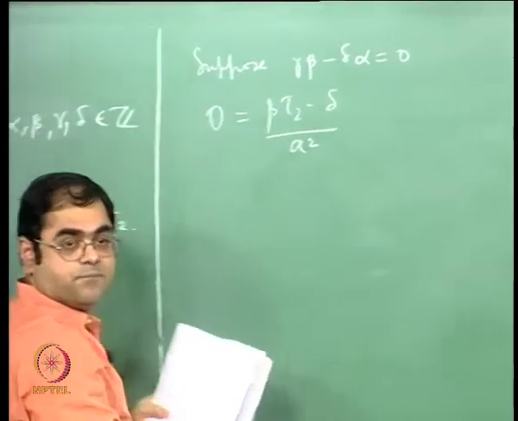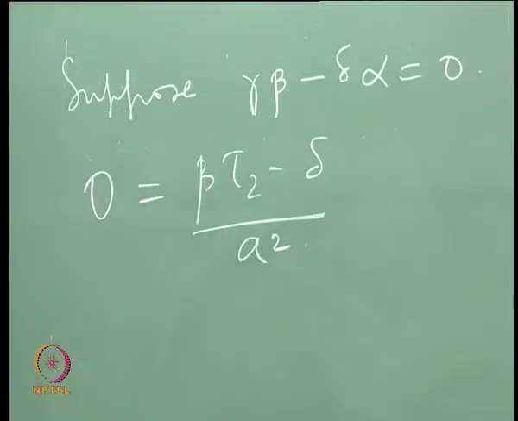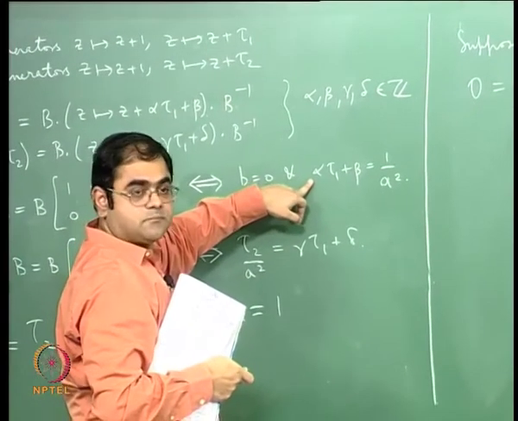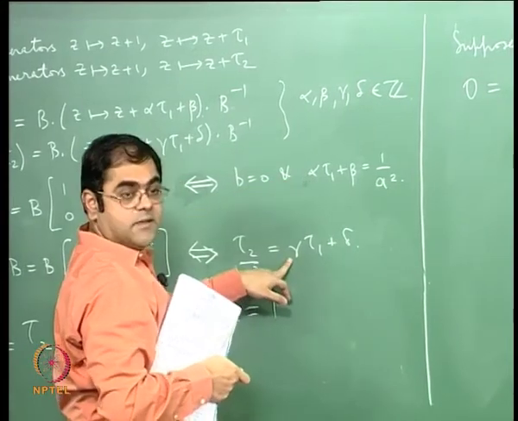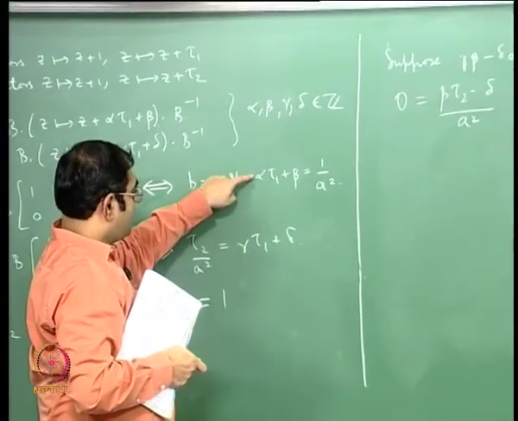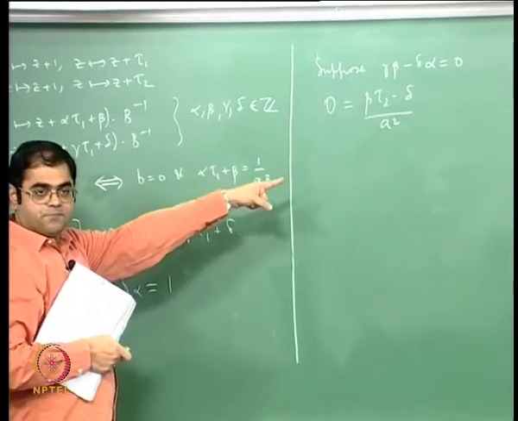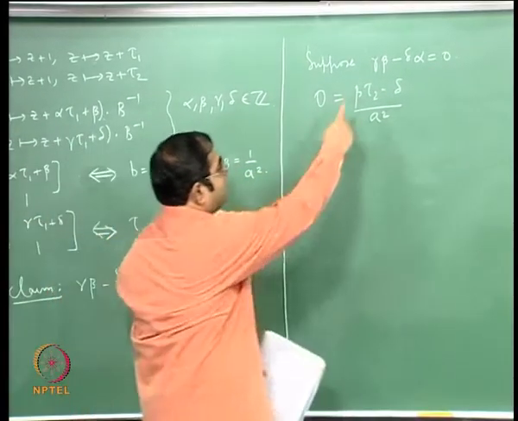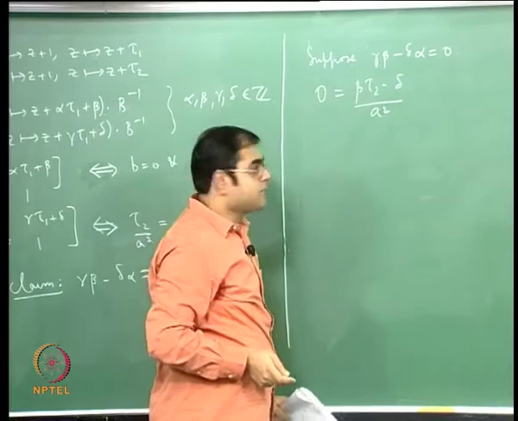This is what I will get. Multiply this equation by delta, multiply this equation by beta, and then subtract, and you have to use gamma beta minus delta alpha is 0.